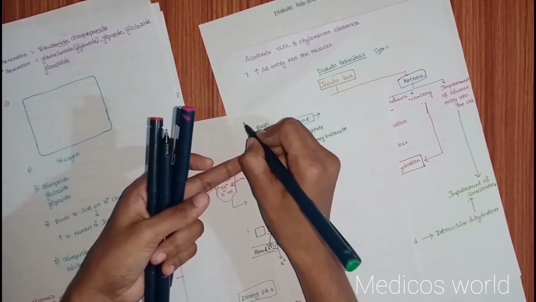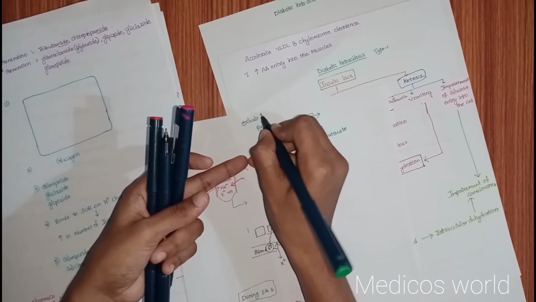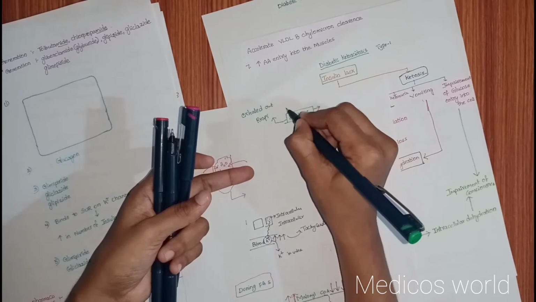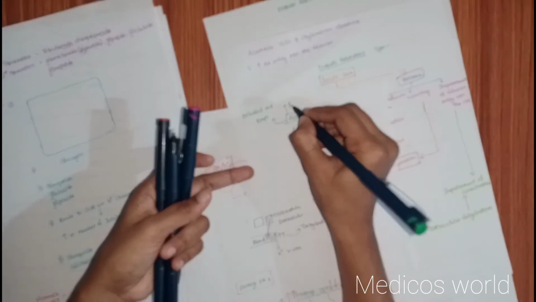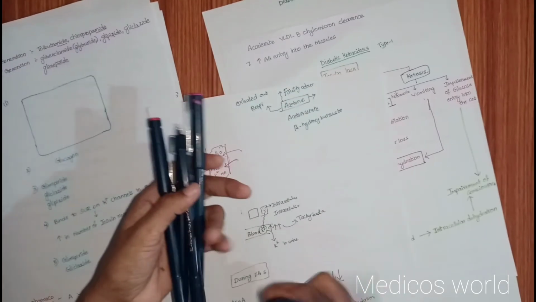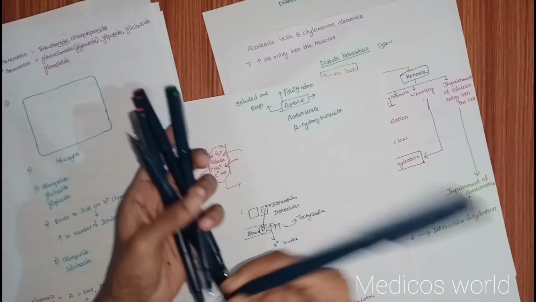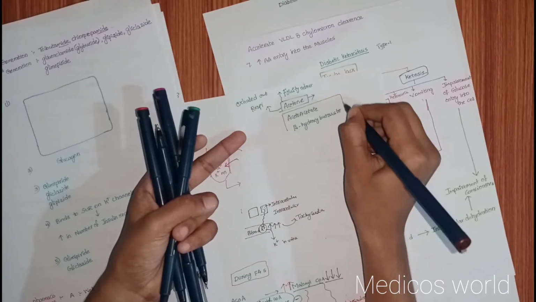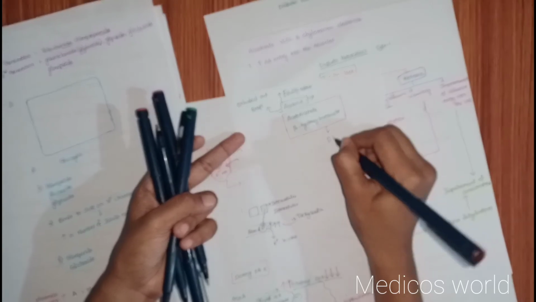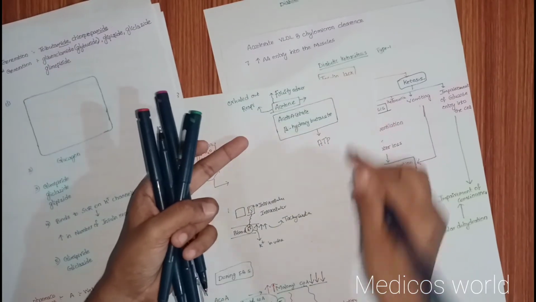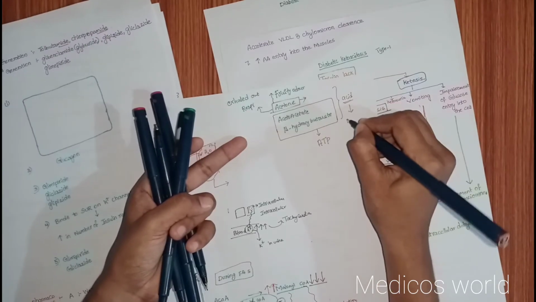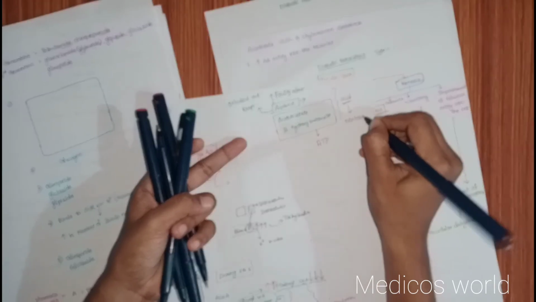That means acetone is exhaled out. Because of this acetone, they will have a fruity odor. Acetoacetate and beta hydroxybutyrate will yield energy, that means they will yield ATP. All these are acids, so they will cause metabolic acidosis.